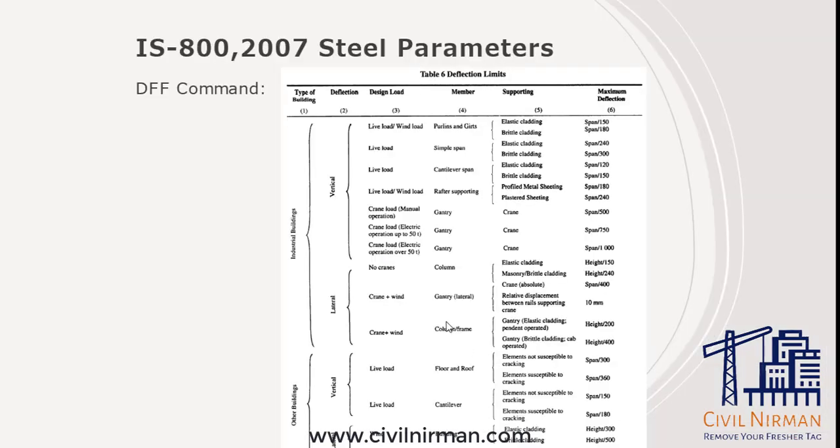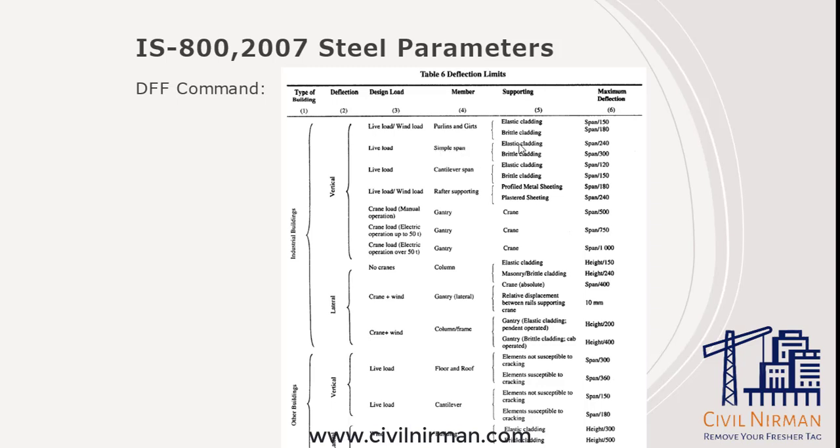So if we go back to our presentation, we have different loading criteria. Based on that, the code defines a DFF value, or I'll say the maximum displacement value, for this particular case. So we have a live load and a simply supported span. That's all our beam members.